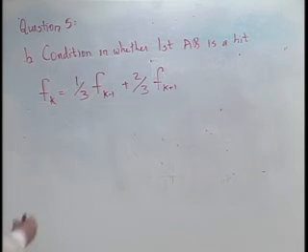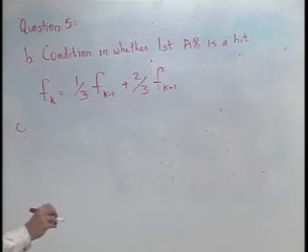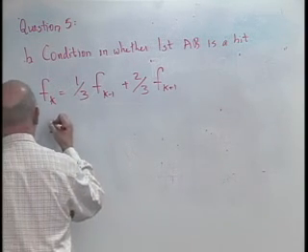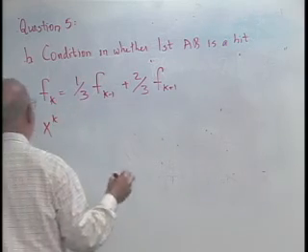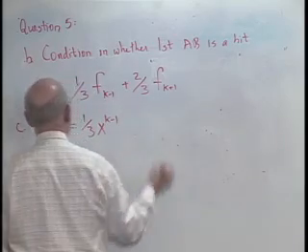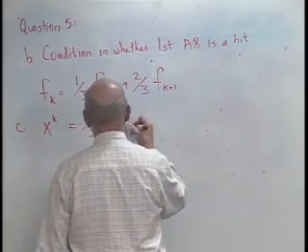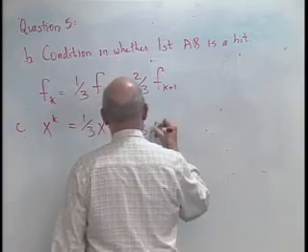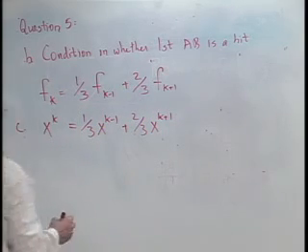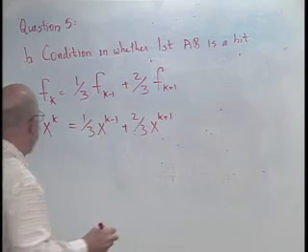And now we have to solve this. The way you solve this, though I basically told you how to do it in the problem, is to know that there are always two solutions of the form x to the k. So let's plug in x to the k for f sub k, x to the k minus 1 for f sub k minus 1, x to the k plus 1 for f sub k plus 1, and now factor out x to the k minus 1.